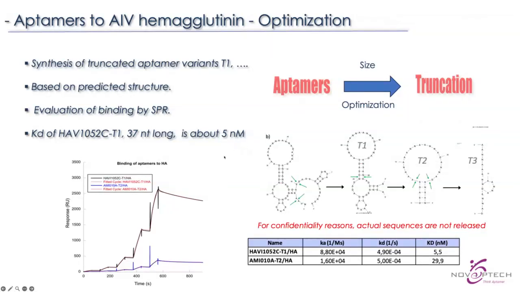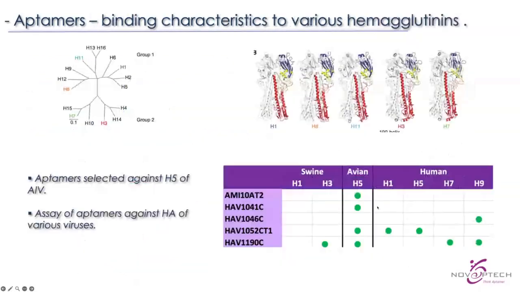So now we can play with this optimized aptamer for engineering the sensor. Just a few words before the engineering of the sensor. I mentioned we have a number of variants of the hemagglutinin, 1 to 19, something like this.